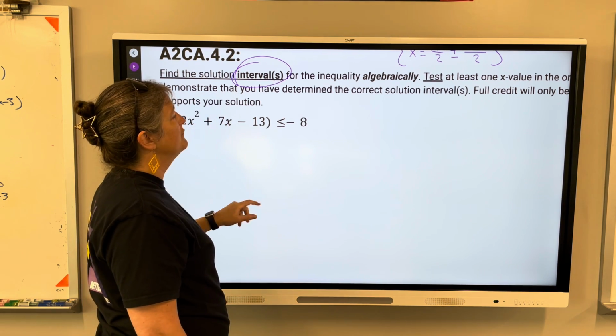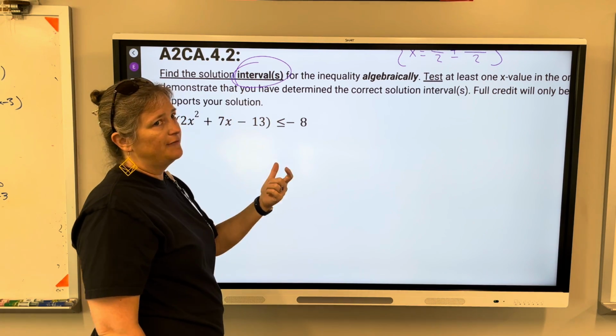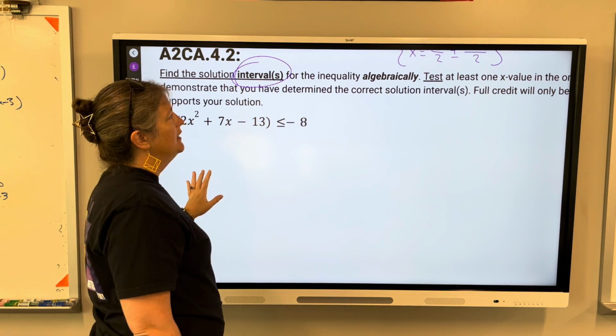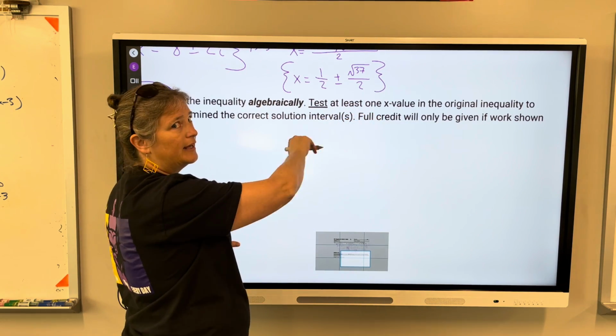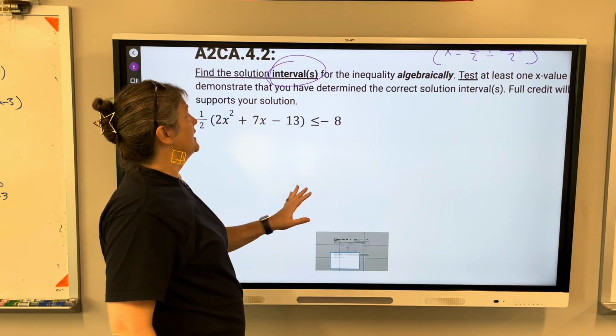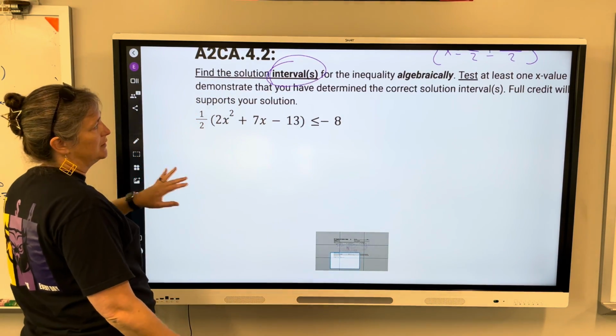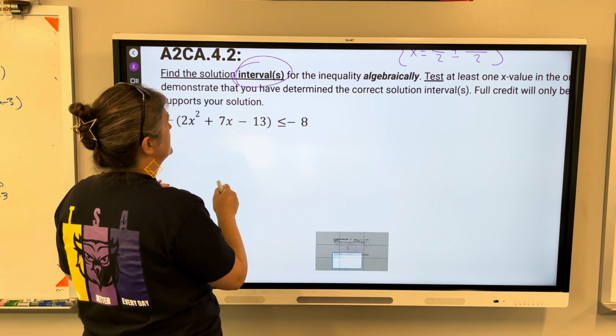First, I'm going to solve for what makes it equal. Then I'm going to use my graphical reasoning to determine algebraically, and then I'm going to test a value that I think is true and check that it works in my inequality to determine that I've determined the correct solution intervals.